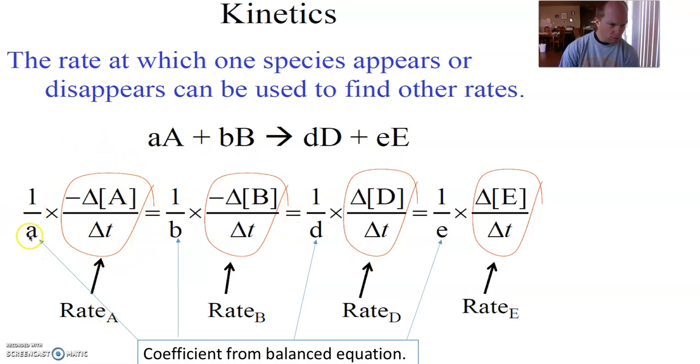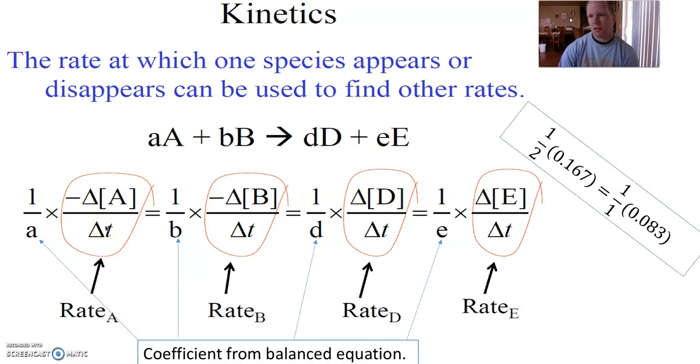And if we multiply that by the fraction of 1 over whatever the coefficient is for that product or reactant, we can find the rate for anything, basically knowing the rate for one thing. So just to give you an example, here's our rate for our last reaction, which was AB, right here.